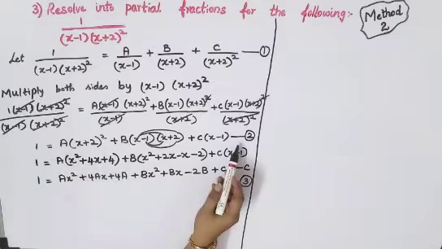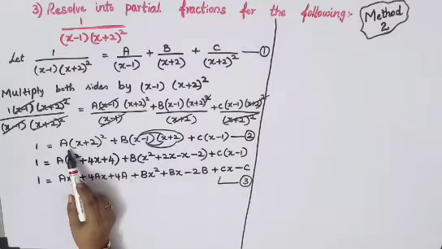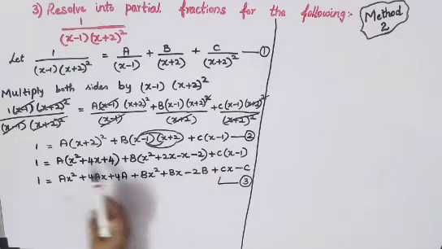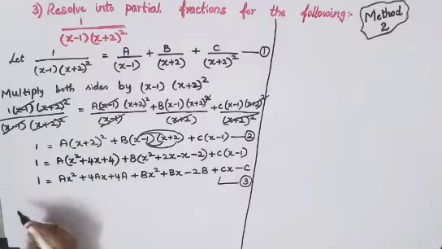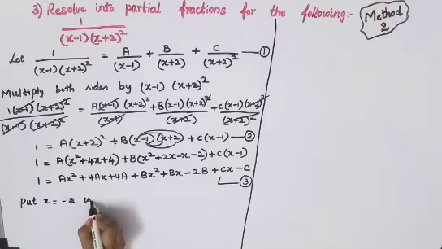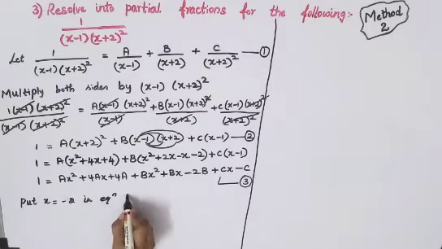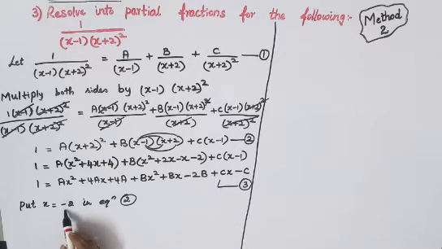See your second equation: you'll have to give values for x, then you'll find the other variables a, b and c. Here x plus 2 is there, so we'll just give minus 2. So put x is equal to minus 2 in equation 2. Substituting in this equation, wherever x is there you give minus 2.